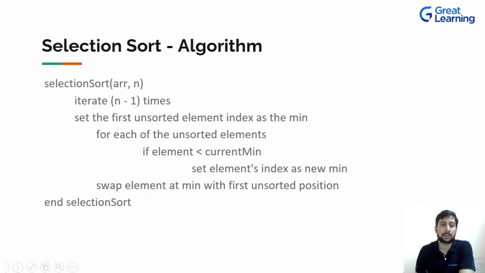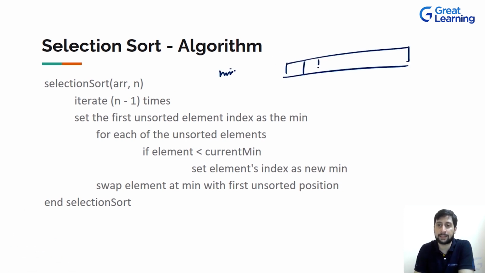Now let's talk about the selection sort algorithm. In this algorithm, our main objective is to find the minimum index. Suppose we have one array, and in this array there is one minimum index. Let's suppose that it is at the first index.